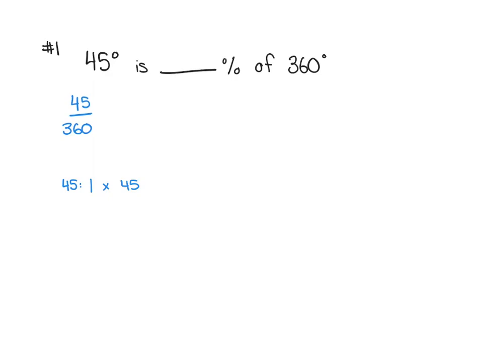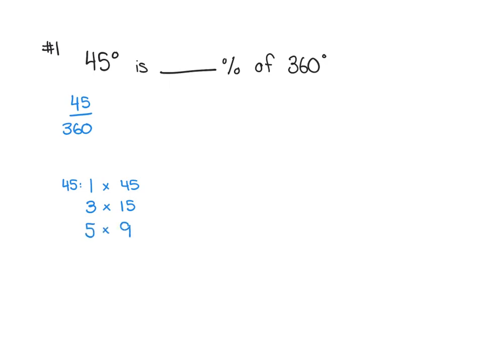It's not divisible by 2 because it's not an even number. We can divide it by 3. Remember our trick, 4 plus 5 is 9, so that means the whole number could be divided by 3. So 3 times 15. I can't divide it by 4 because my closest multiple is 44. I can divide it by 5 because it ends in a 5 or a 0.